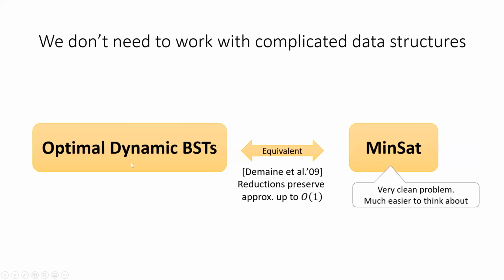To work on optimal dynamic BST, you don't need to know anything about complicated data structures, no trees, no pointers, no paths or anything, because it has been proved that there is another problem called MinSat, which is a very clean problem and much easier to think about.